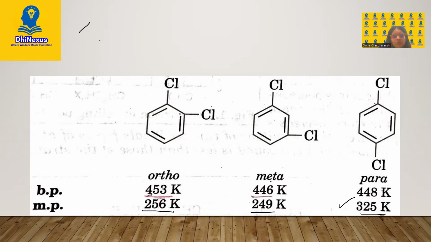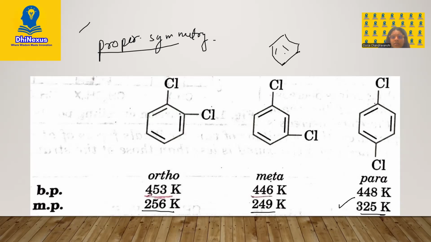It was observed that in case of melting point, the para isomer is fitting the crystallization properly. There is a proper symmetry to it. Proper symmetry is observed when the para isomer crystallizes. That's pretty clear. As we can see here, this would have a high symmetry.